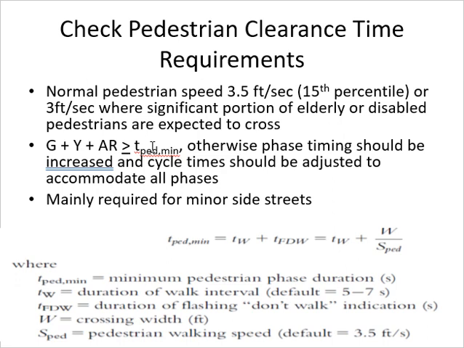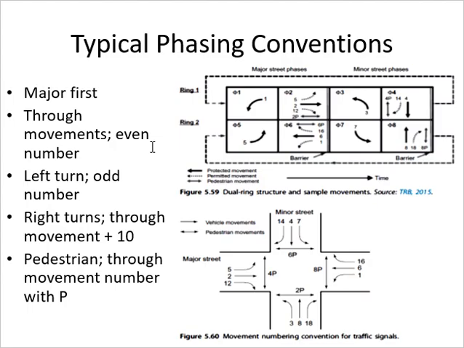Now, if you go back to the coding which we were doing, you remember the pedestrian movement is given the code of the movement which is happening parallel. So 4p will happen here and 8p will happen when this 8 is happening. The time required by this movement should be equal or less than the phase time I'm giving for this movement 8.